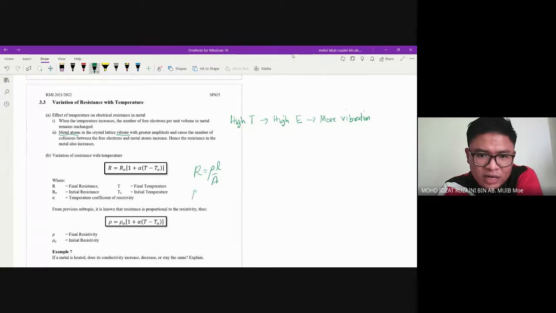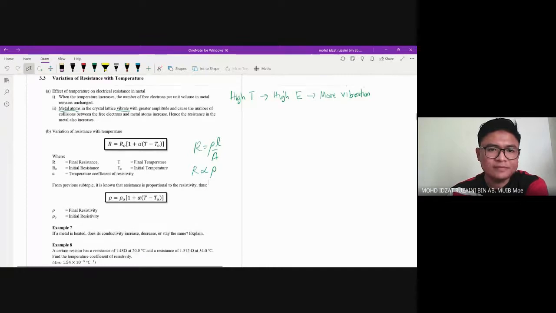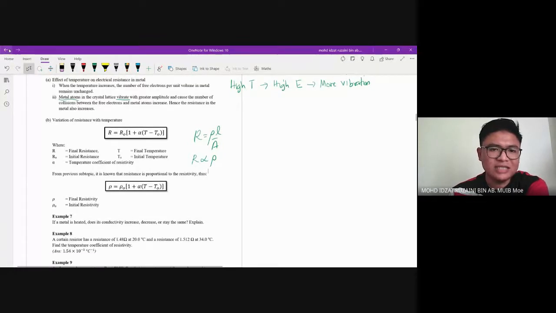So kamu nampak yang R is proportional to rho kan. Okay, so in this case yang kamu boleh substitute R ini dengan rho, dengan resistivity. So kamu ada rho minus rho naught di sini lah. Okay, so kamu kena faham tentang equation ini. So that's for the variation of resistance with temperature.